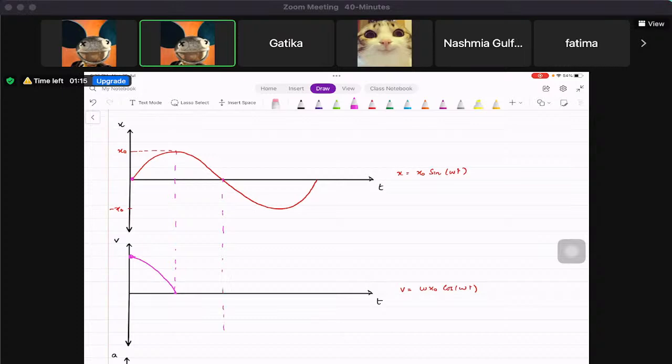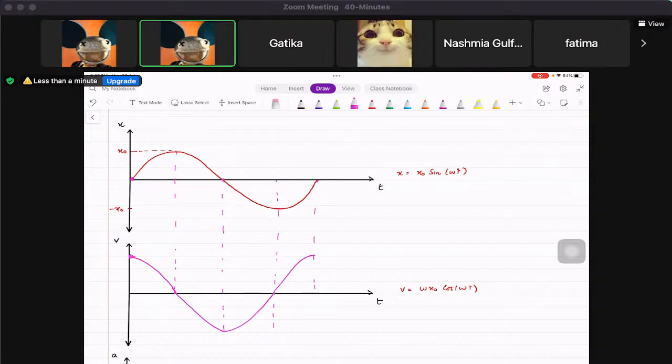Like this. And then when it is maximum, velocity is going to be 0, and when it is 0, velocity is going to be maximum again, like this.